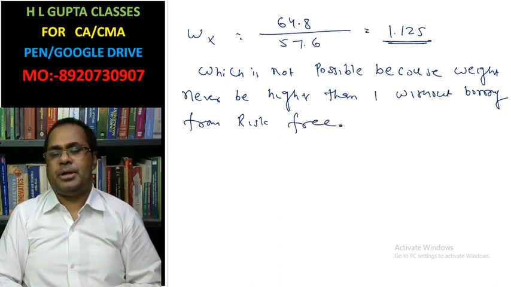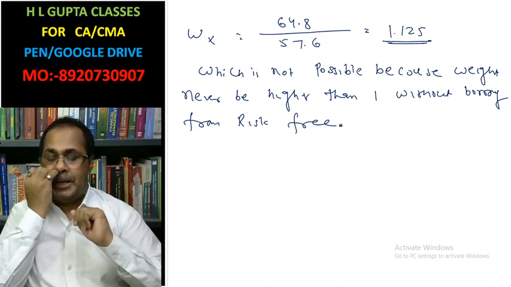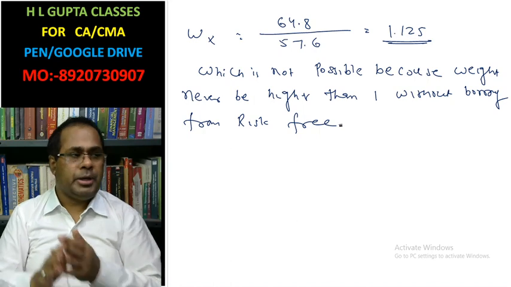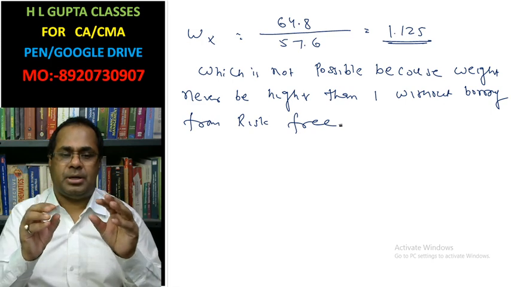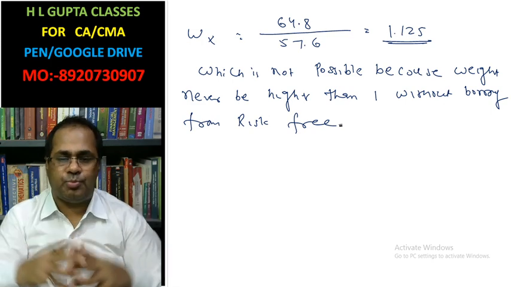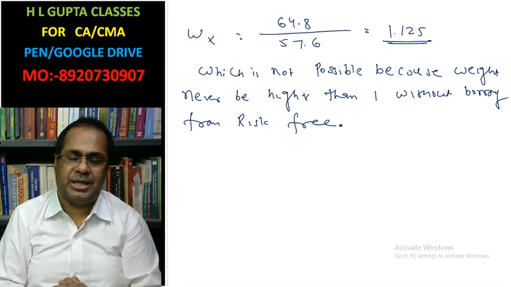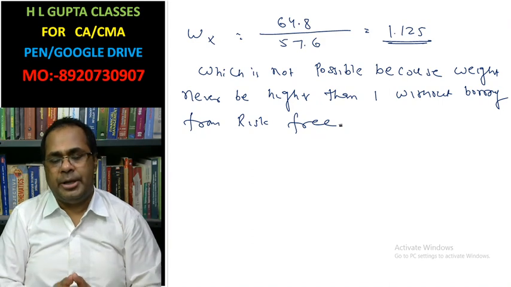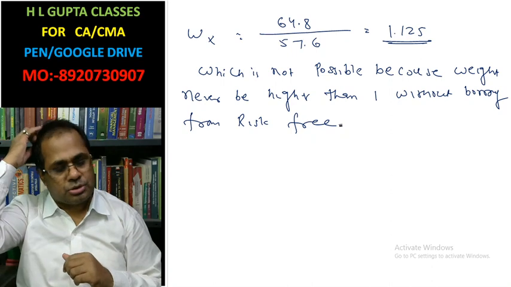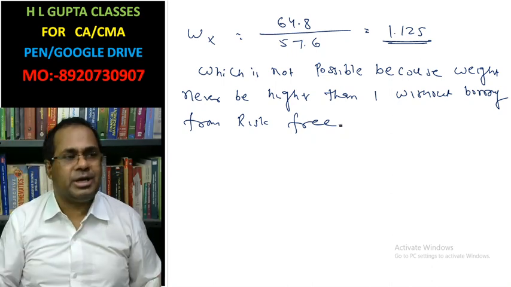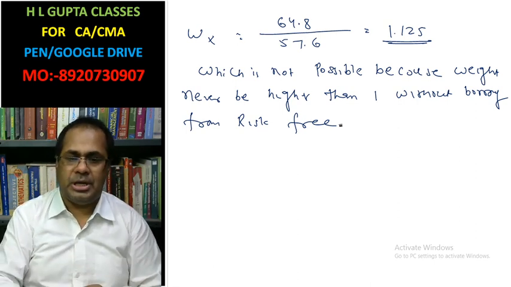Only in one case will the weight of X be higher than 1: if you borrowed at risk free, and that money is also invested along with your 100% investment. Your 100% investment will be invested in portfolio X, and the amount you borrowed at risk free is also invested in X. In that case, weight will be higher, but that information is not given in the question. Therefore weight never be negative, that is assumed. Okay, weight greater than 1 is not possible.